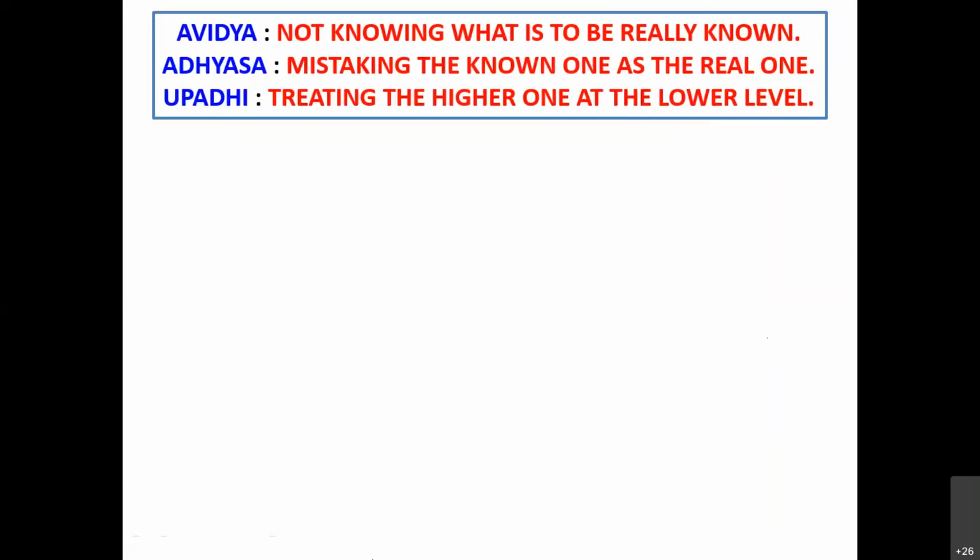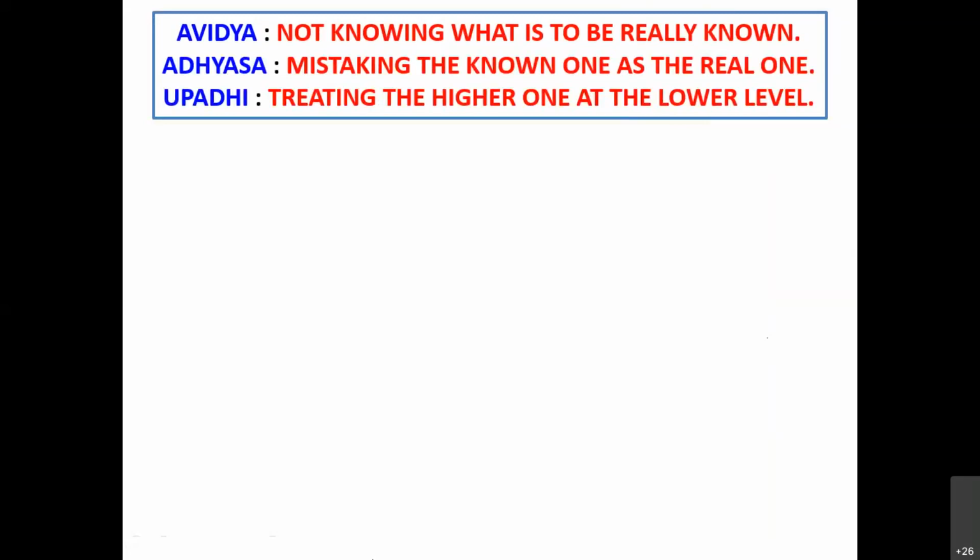So that is avidya. Vidya means knowing about the self, knowing about God. But as people have this avidya already, there is adhyasa, which is mistaking the known one as the real one. I am a man. I am a woman. I am a teacher. I am a student. I am a doctor. I am an engineer.